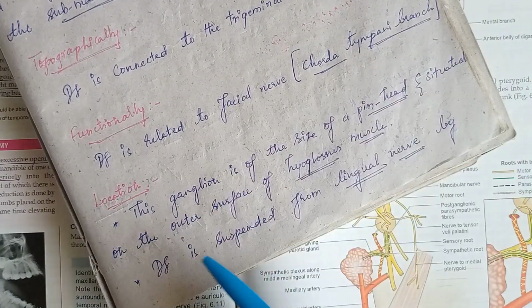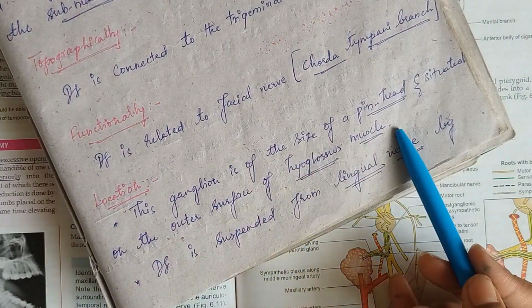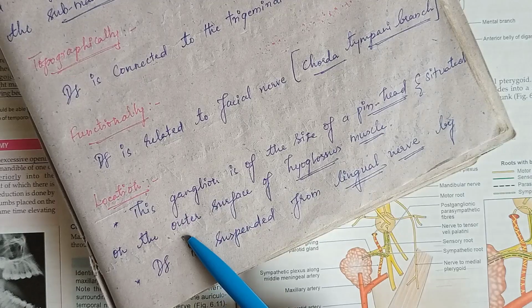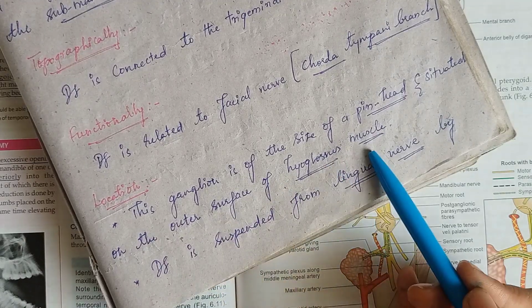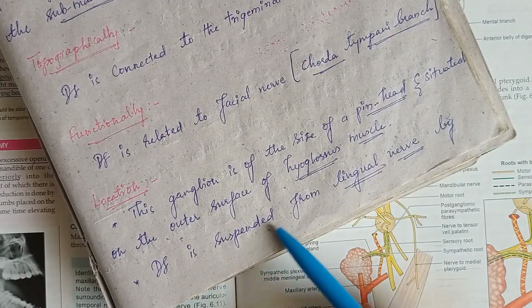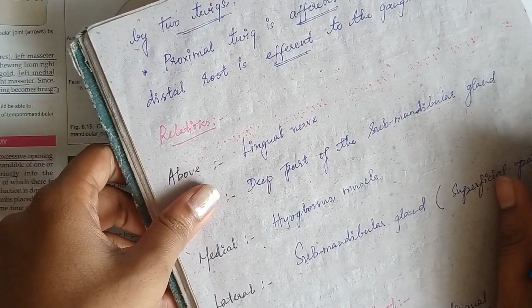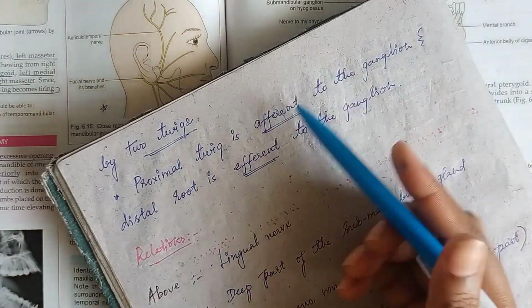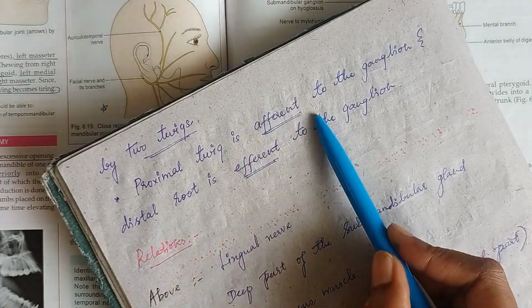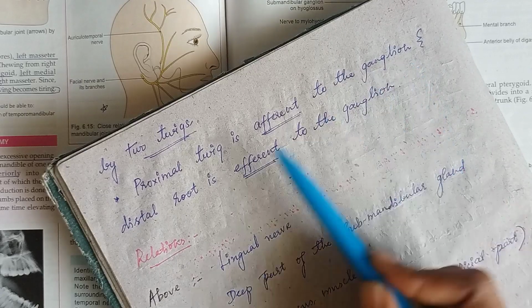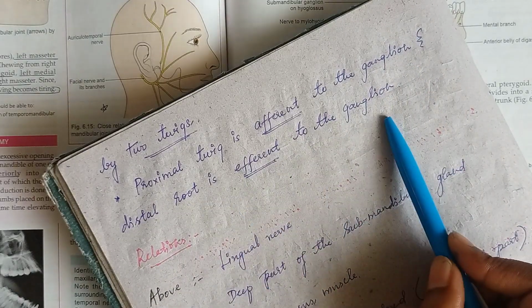This ganglion is the size of a pinhead and situated on the outer surface of the hyoglossus muscle. It is suspended from the lingual nerve by two twigs. The proximal twig is afferent to the ganglion and the distal root is efferent to the ganglion.